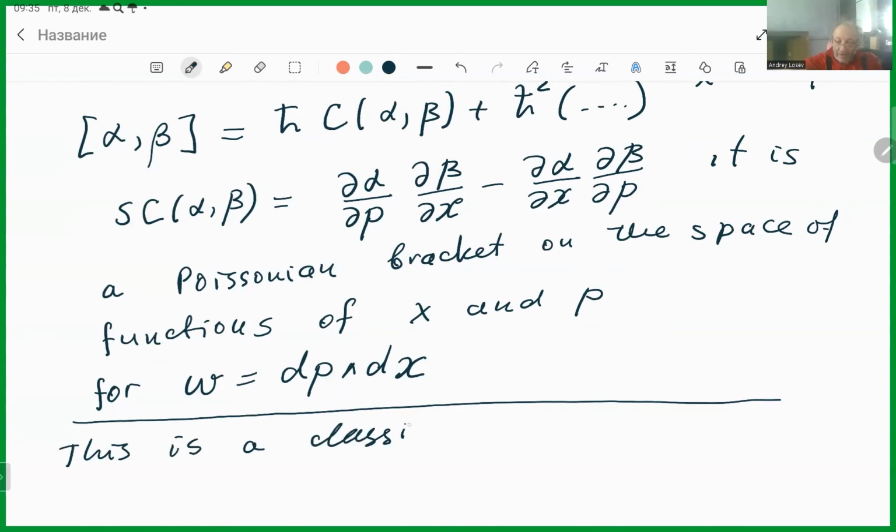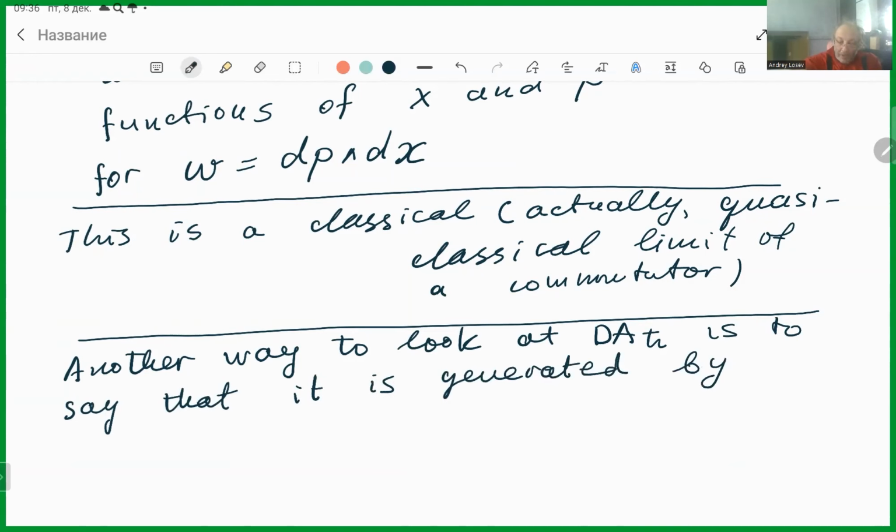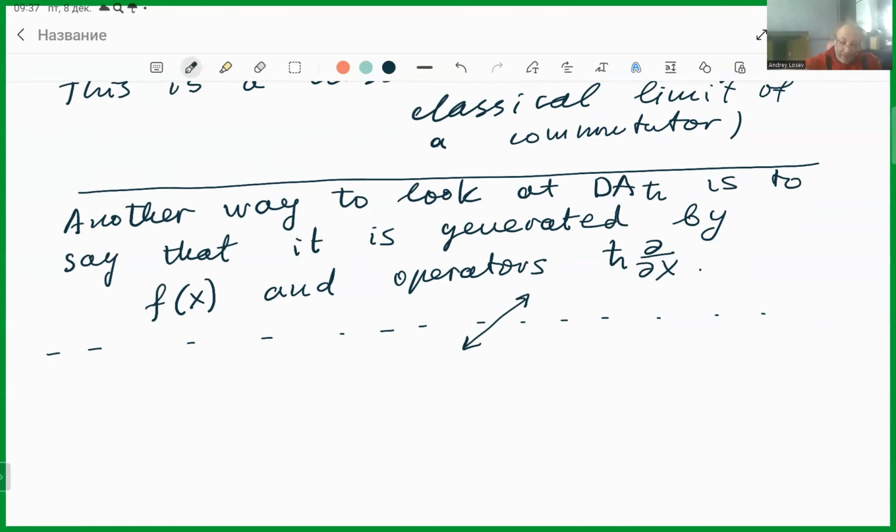This is a classical, actually quasi-classical, limit of a commutator. Another way to look at DAH is to say that it is generated by functions of x and operators h d over dx.